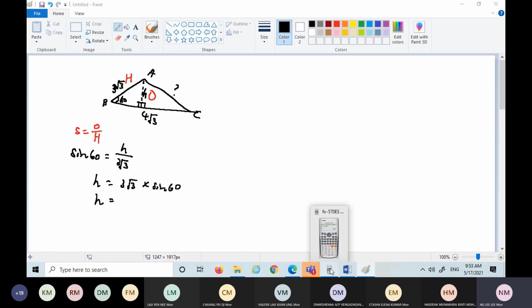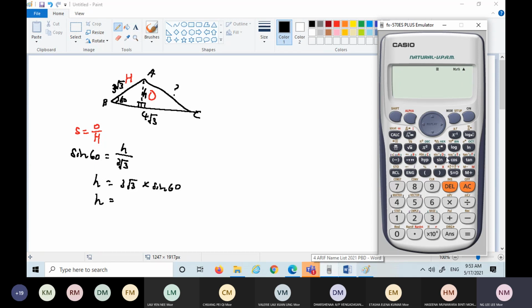If I call out my calculator for sine 60, using this silver color calculator I get square root 3 over 2. But if you are using the normal black color calculator, it will not show you this.